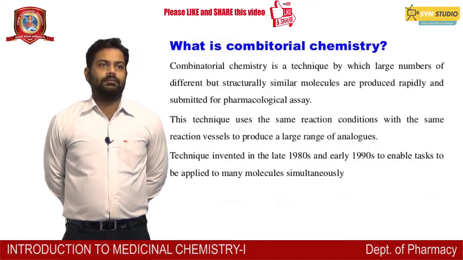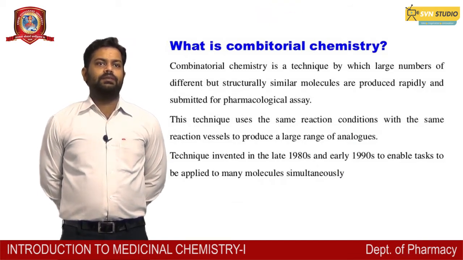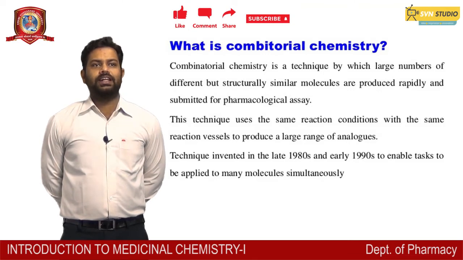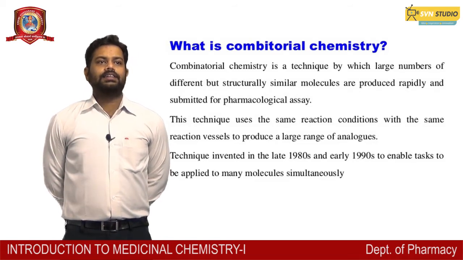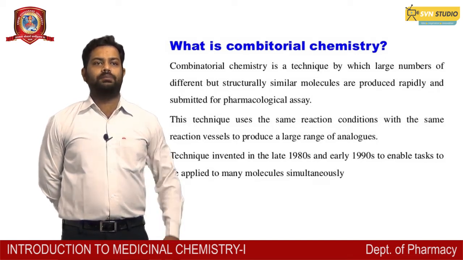What is combinatorial chemistry? Combinatorial chemistry is a technique by which large numbers of different but structurally similar molecules are produced rapidly and submitted for pharmacological assay. These techniques use the same reaction conditions with the same reaction vessel to produce a large number of analogues.